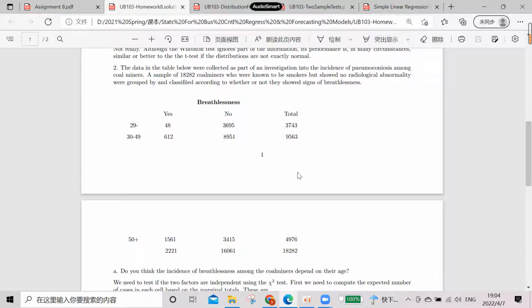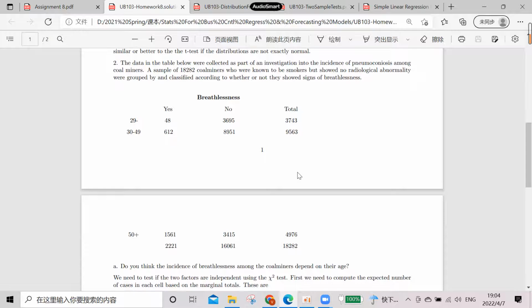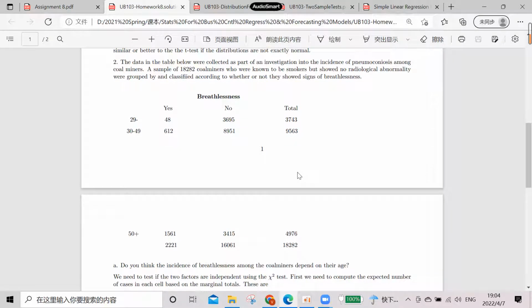Okay, right? And in question two, for example, let's see. First we have a chart, and this chart is just our observations. But then we need a hypothetical chart that is our expectation if those two variables are independent.